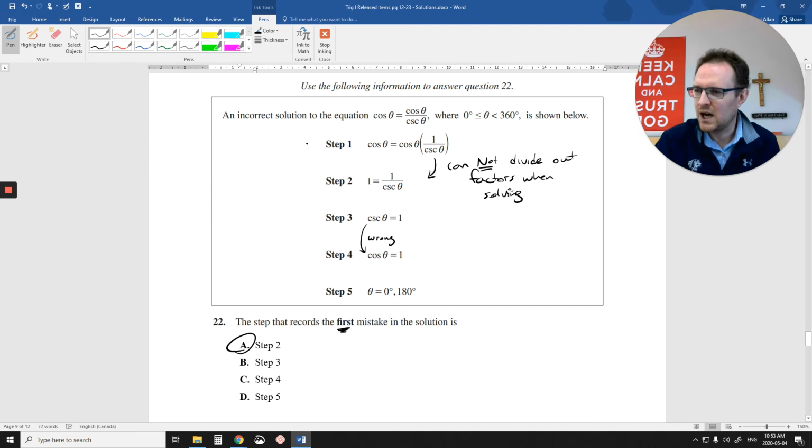So what I would do to solve this one is change the 1 over cosecant into sine. So 1 over cosecant is just the reciprocal of sine. Reciprocal just turns out to be cos theta. This would be my first step. Cos theta equals sine theta. Now I'm not going to divide anything out. I'm going to make this equal to 0.